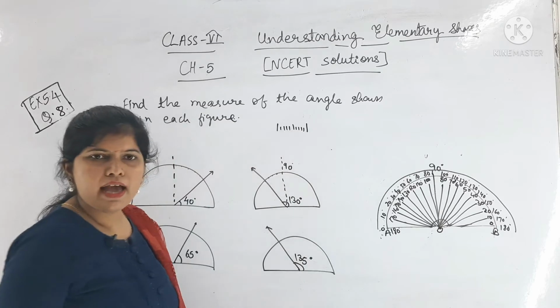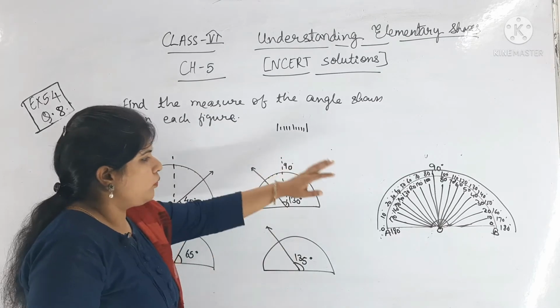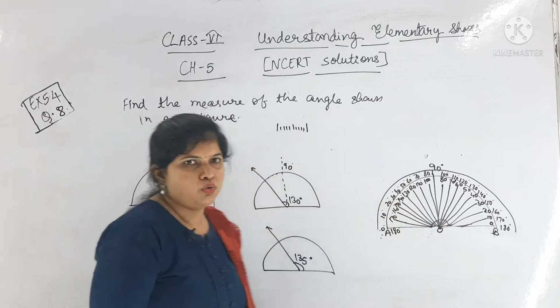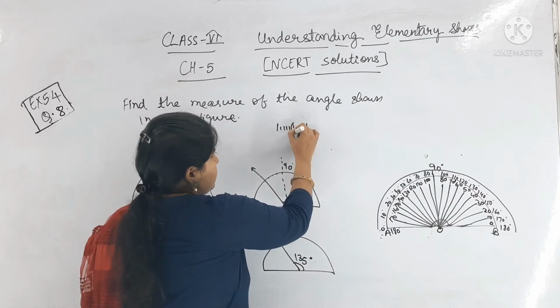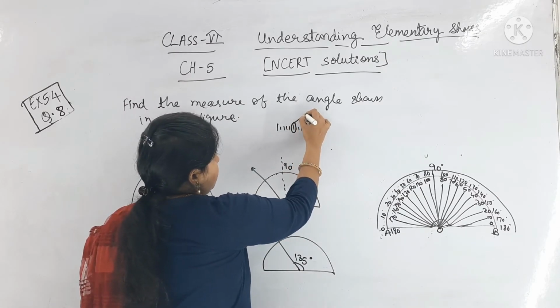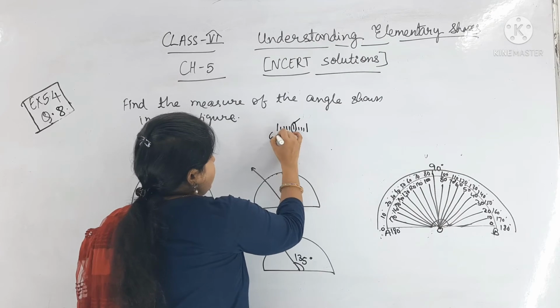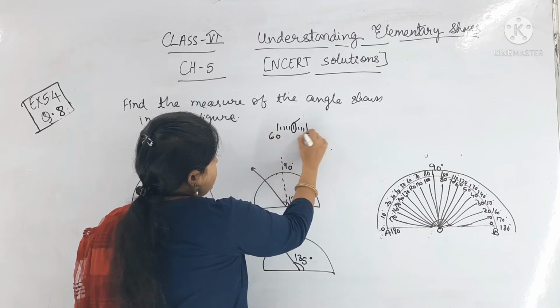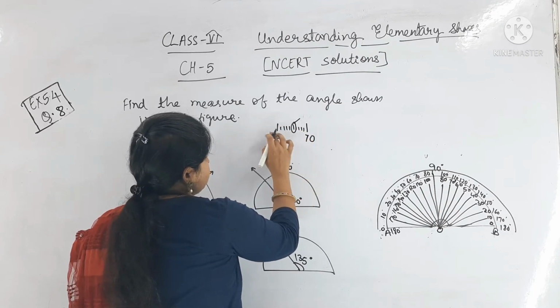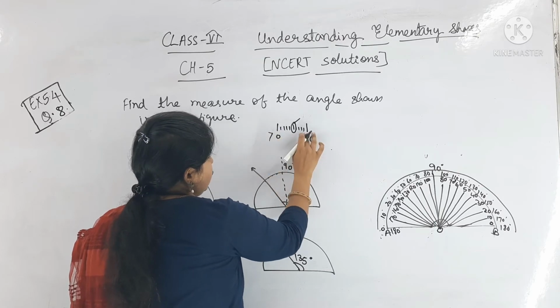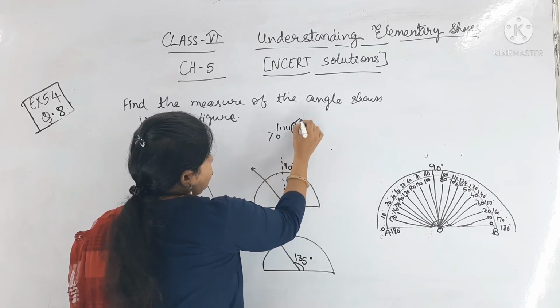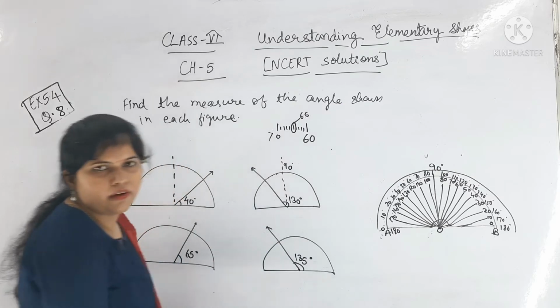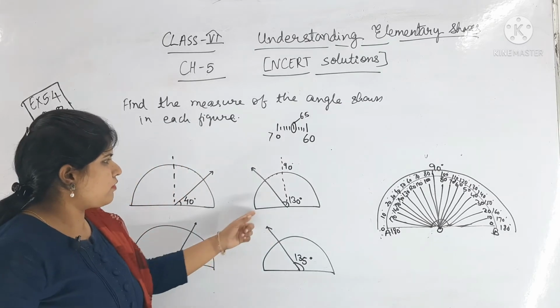We have the same in the protractor also. So this middle line, if it is 60 and if it is 70, then after 60 it will be 65. Okay, that is the way you have to read it.